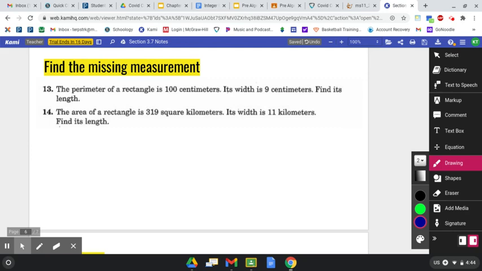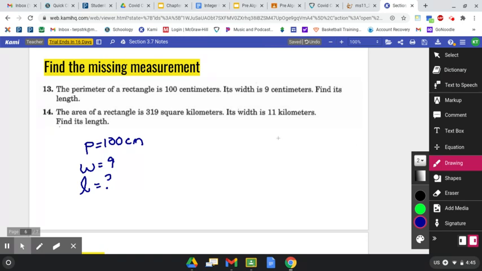All right, I want you to take a minute and try to solve these examples. In number 13, the perimeter of a rectangle is 100 centimeters. The width is 9 centimeters. We want to find the length.